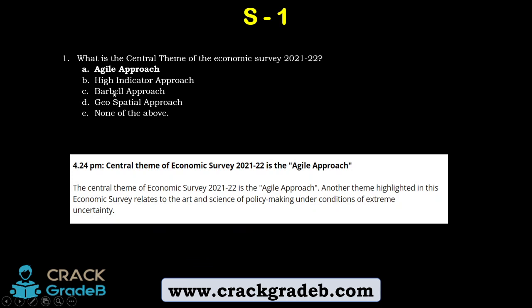The answer is the agile approach. The central theme of the Economic Survey 21-22 is the agile approach. Another theme highlighted in this survey relates to the art and science of policy making under conditions of extreme uncertainty. So it's the agile approach.